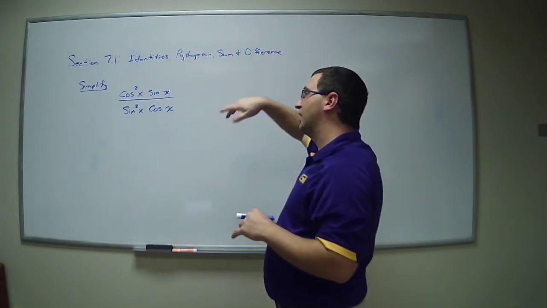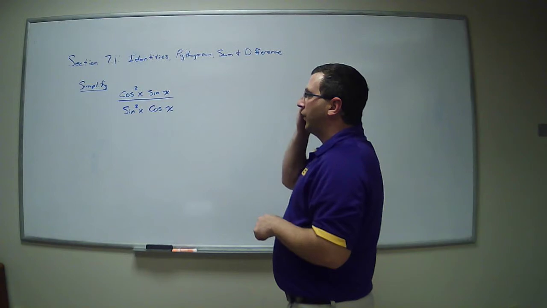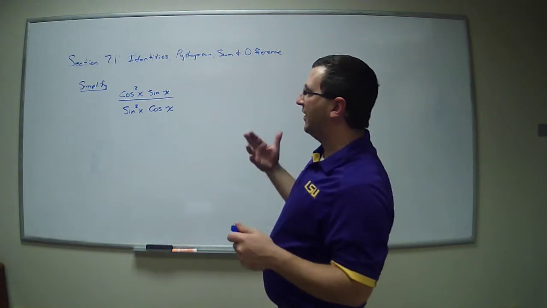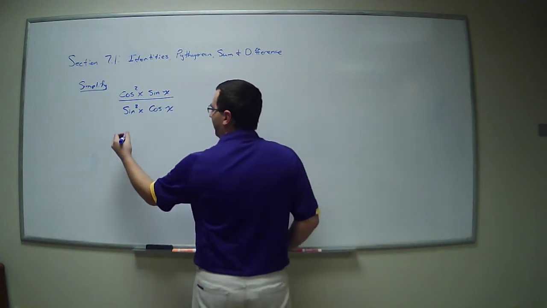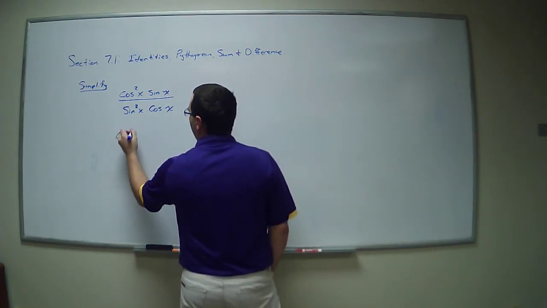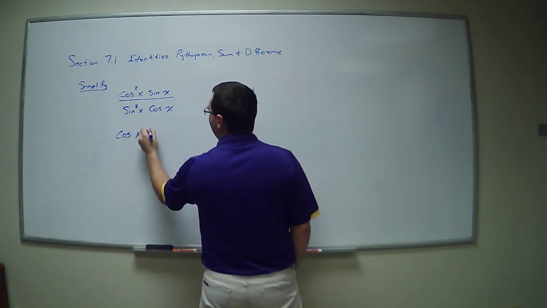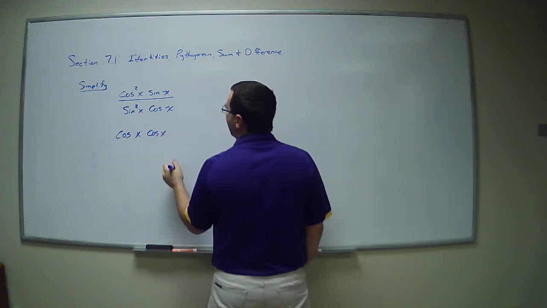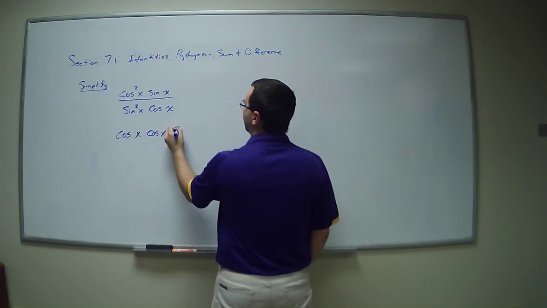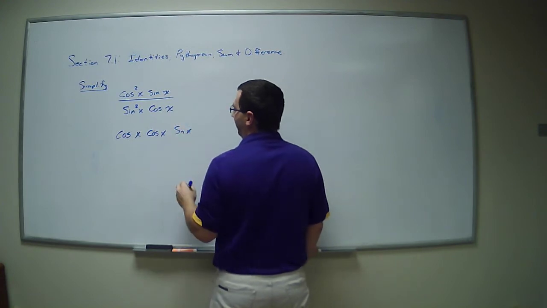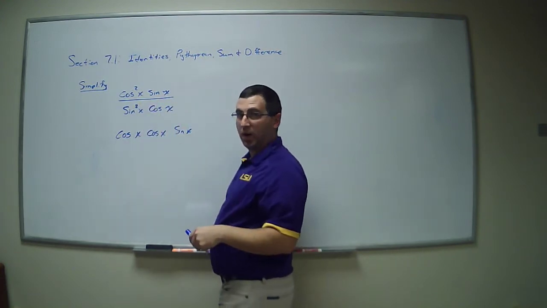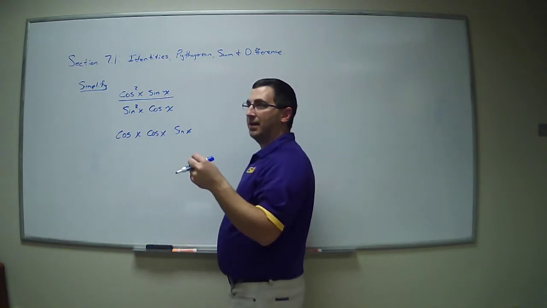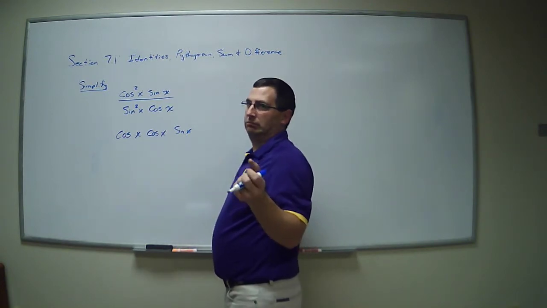So cosine squared x, well that's really the same thing as cosine x times cosine x, and then we have the sine x tagged along with it. It's just cosine times itself.